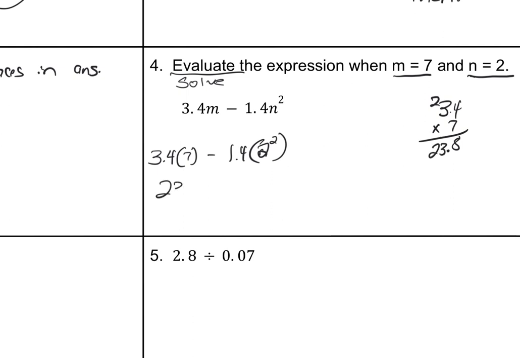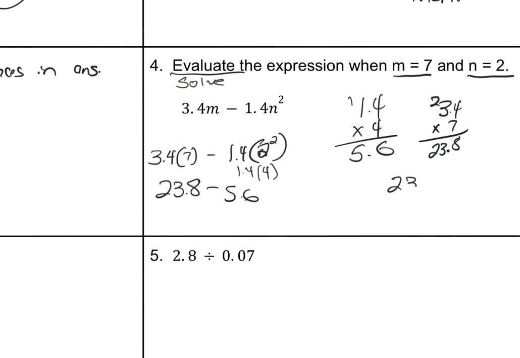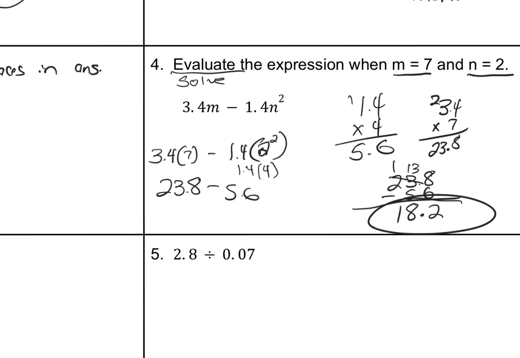You will get 23.8 minus, now 2 squared is 4, and I have to multiply that times 1.4. And I get 5.6. So 23.8 minus 5.6. I'm lining up my decimals when I subtract. I find out is 18.2.